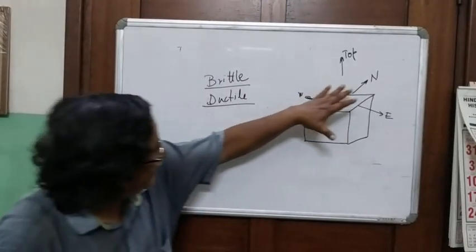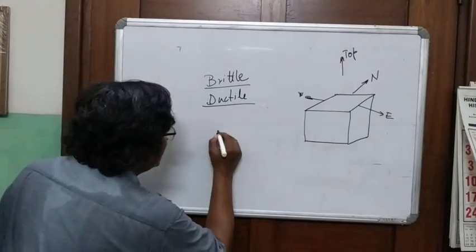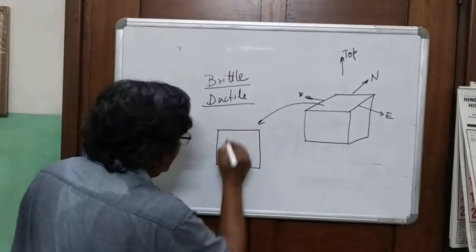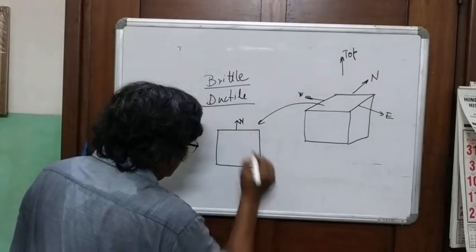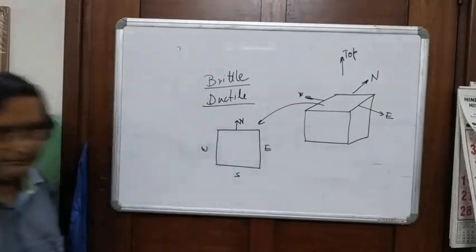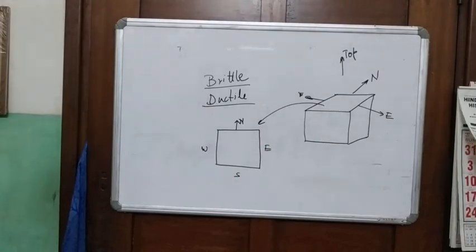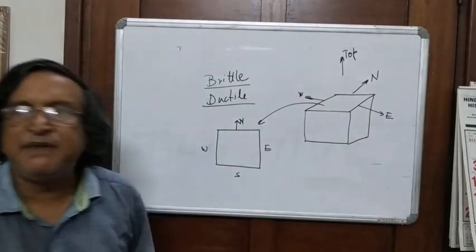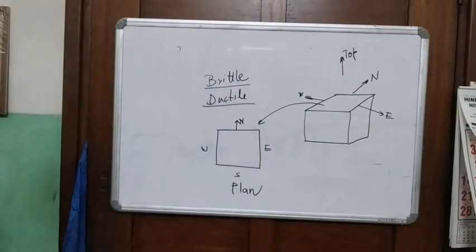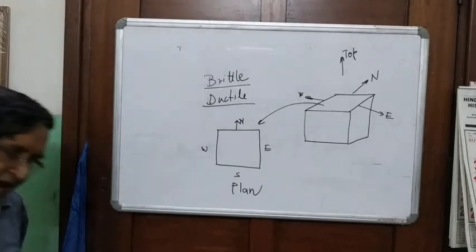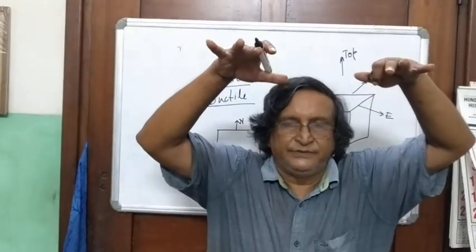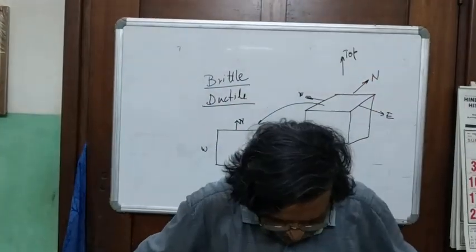So, if I now translate this surface and draw it here, I will have north, obviously east, south and west. There is no top. This is called a plan view. So this is as if you are flying on a plane and you're seeing the surface right from the top. Look down on the floor, you see the plan.